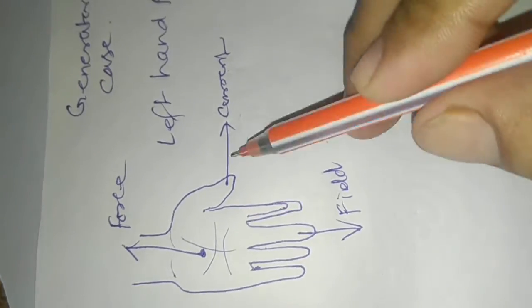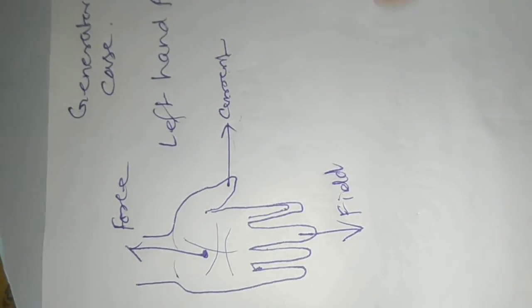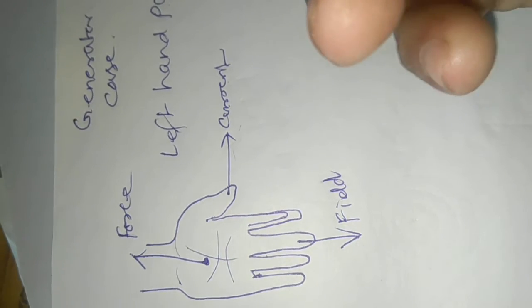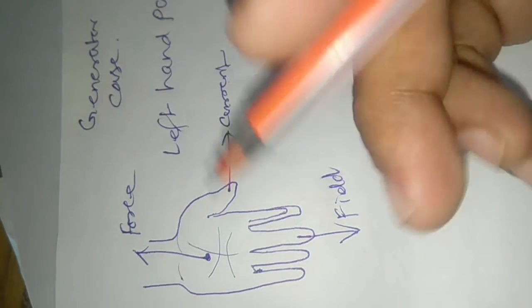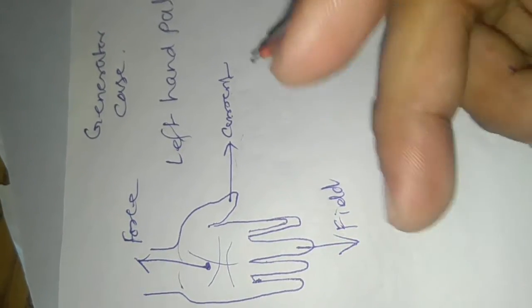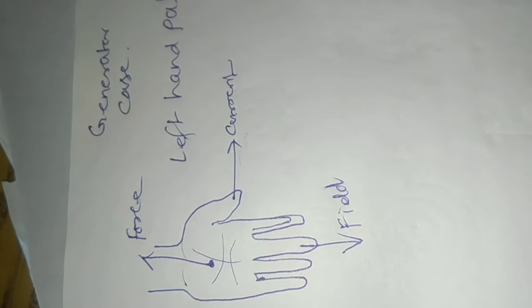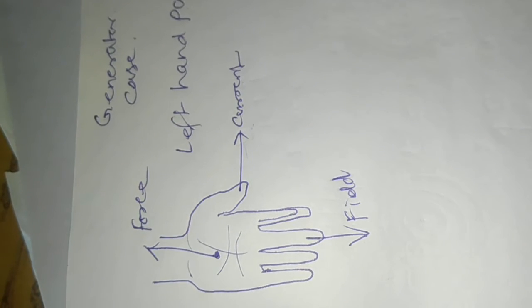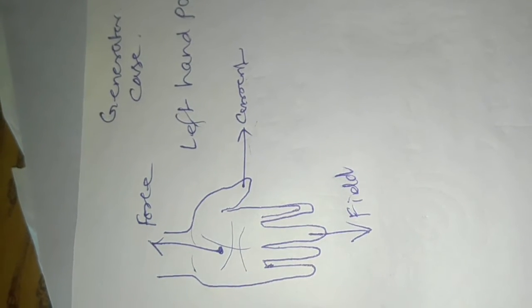So this is the direction of the field, and the upper face of the palm represents the force, and this represents the current. So you can see here that the thumb represents the current, as usual in the case of motoring. The thumb will always represent the current, and the direction of the fingers will represent the field flux, and the force will be upwards.